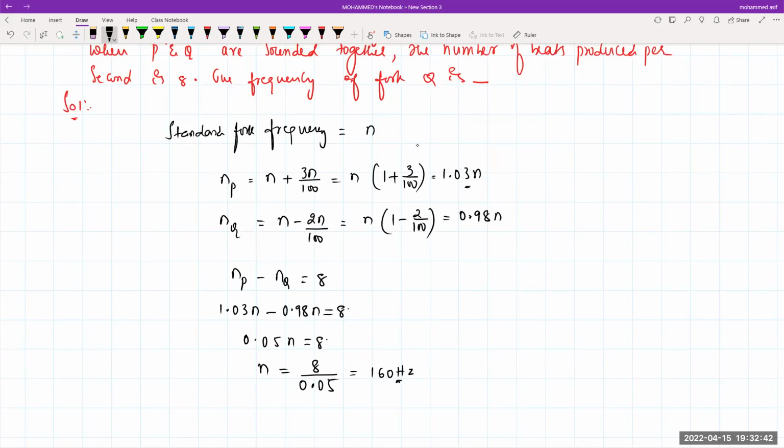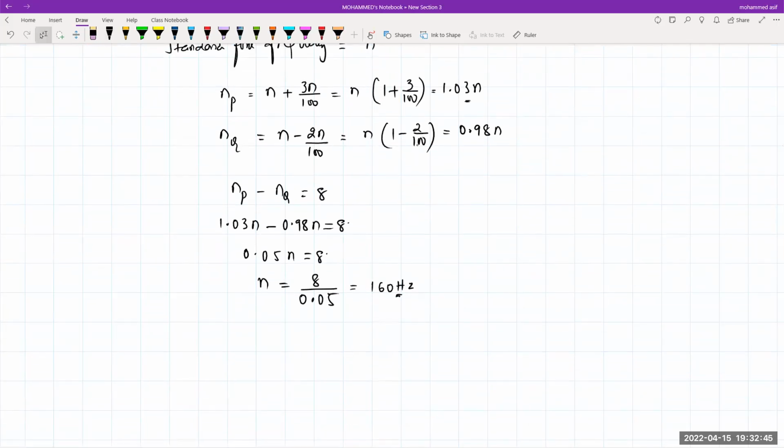Therefore, the frequency of the standard fork is 160 hertz.